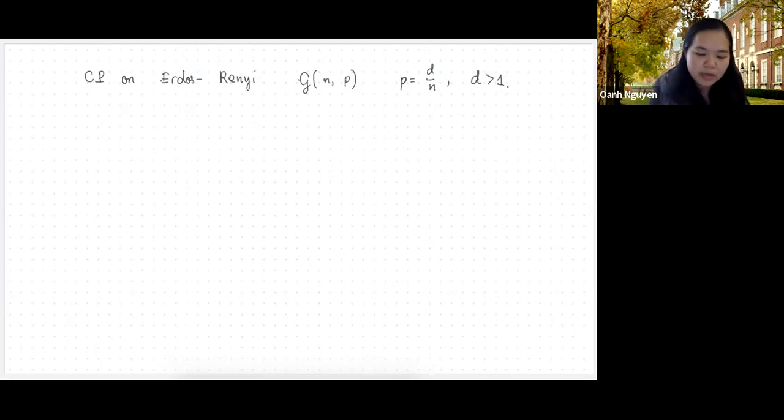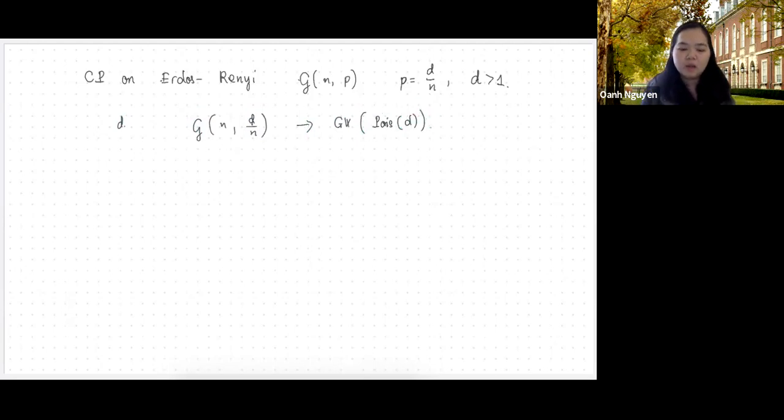It is well known that for a fixed d, G(n, d/n) converges in local weak limit to the Galton-Watson tree with offspring distribution Poisson with mean d. So knowing the phase transition of the contact process on the Galton-Watson tree will help us in the study of the contact process on Erdős-Rényi graphs.